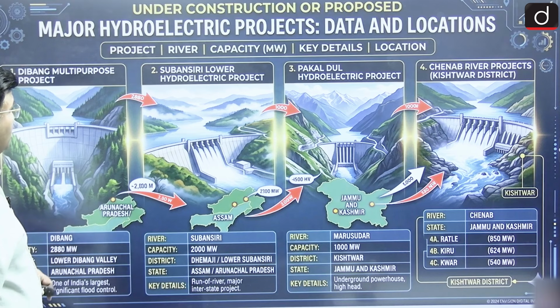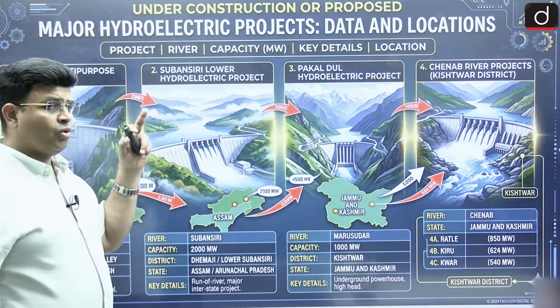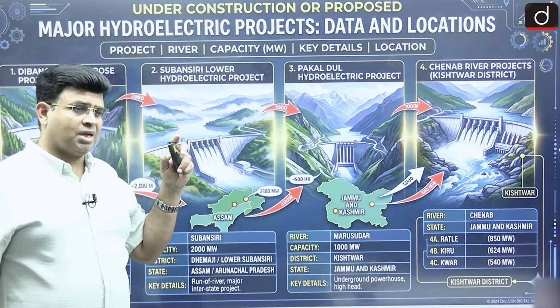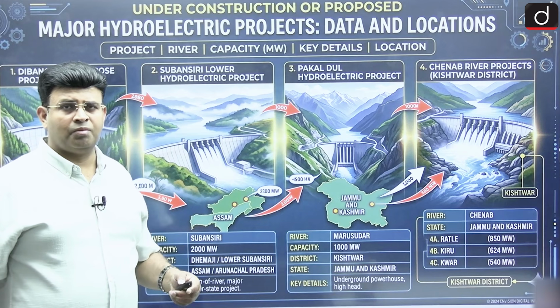And the next one that we are going to cover is the important hydroelectric projects. If we go into Arunachal Pradesh, the two important ones: the Dibang is one of the right bank tributaries of the Brahmaputra.